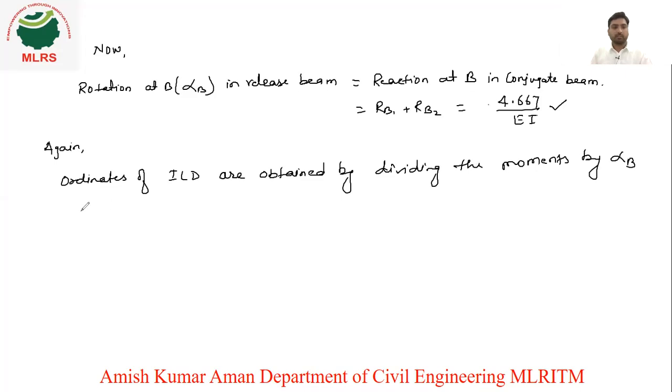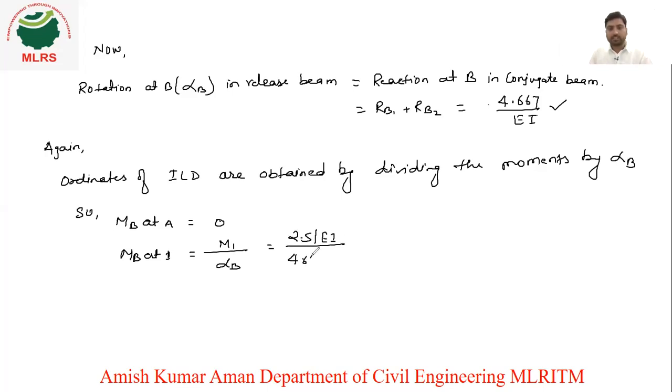So MB, because we are going for moment, right? MB at 0 or A. MB at A will be 0, at A the moment is 0 only, so 0 divided by anything is 0 only. Next, MB at 1. So MB at 1 will be your M1 divided by alpha B. So M1 value is 2.5 upon EI, and alpha B value we have calculated 4.667 upon EI. So when you divide it, you will get 0.536. Similarly, MB at 2 will be 0.857.